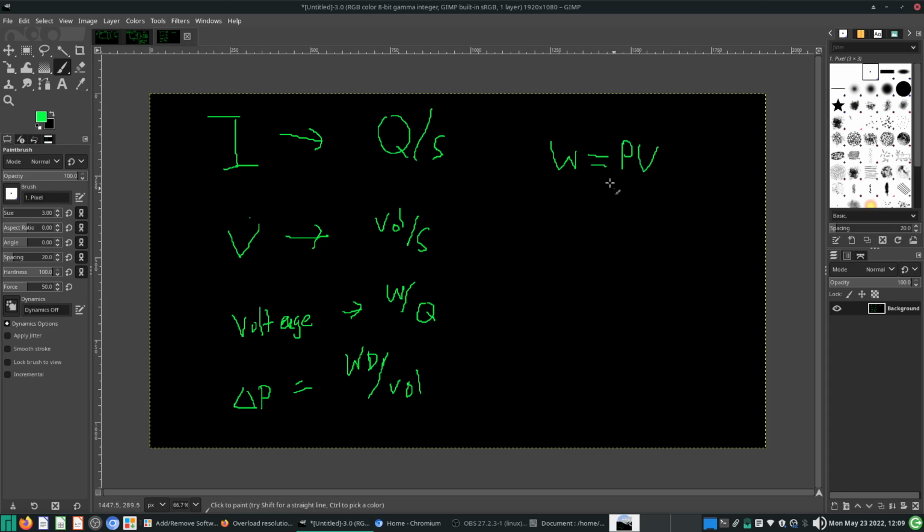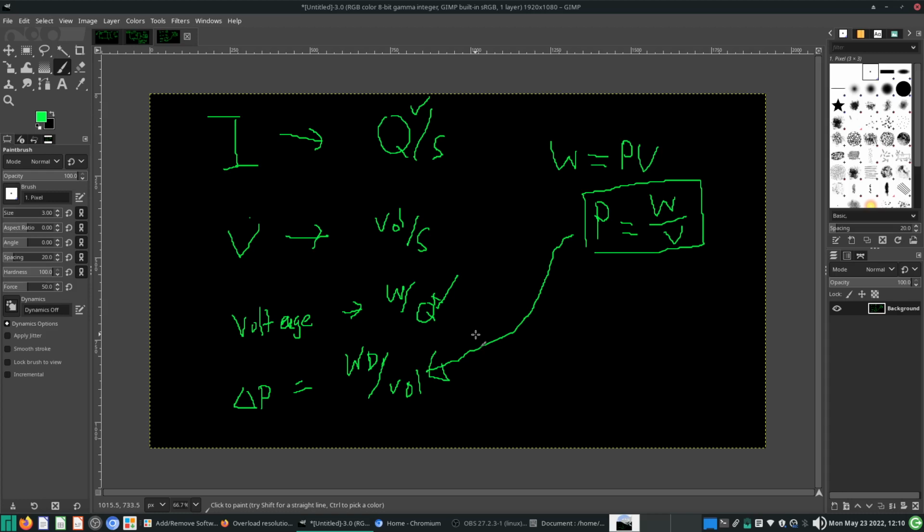Okay, so you can see units wise, this actually works out very nicely. Pressure can be thought of as work done per unit volume. So in a sense, the units for this actually work out very nicely. Everywhere you see this charge, you just replace it with a volume unit, and all the units will kind of settle themselves pretty nicely.